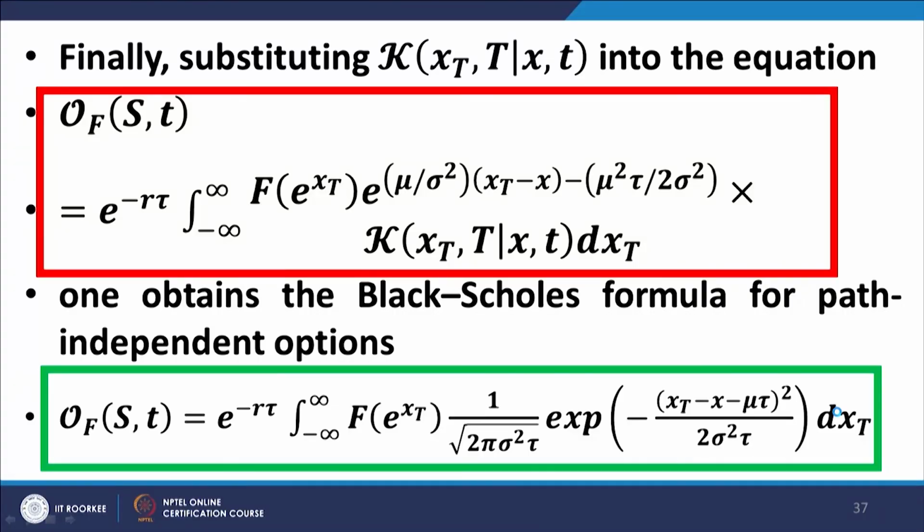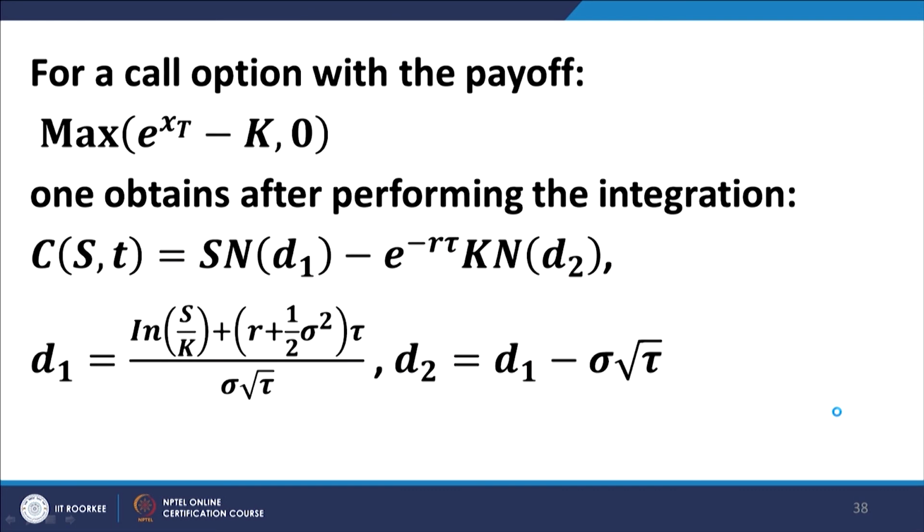And from this expression which we have obtained earlier, when we substitute all the terms, we obtain the expression for path independent options in the form that is given here in the green box, and for a call option this expression simplifies to the expression that is given here on this slide.